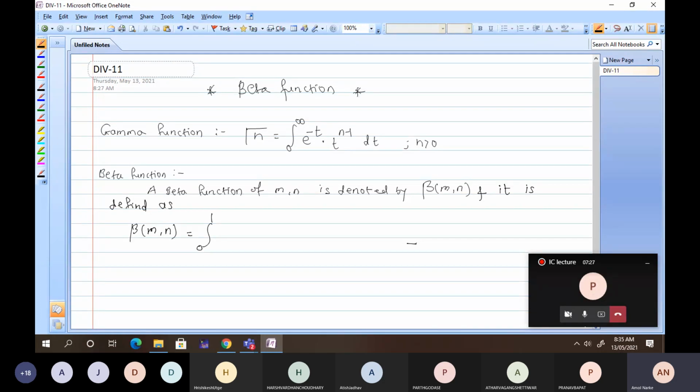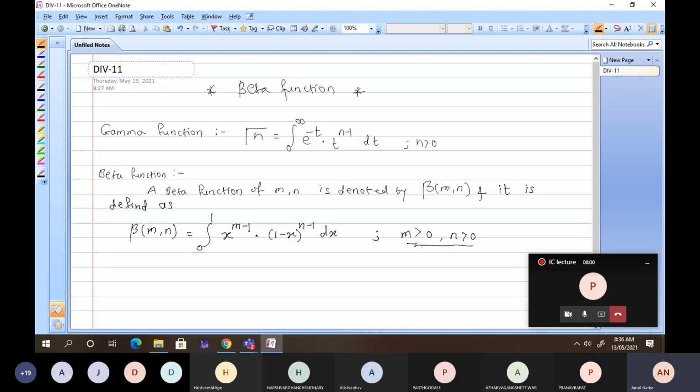Here we have two numbers, m and n. So integration from 0 to 1 of x raised to the first variable m minus 1 into 1 minus x raised to the second variable n minus 1 dx, where both m and n are greater than 0.